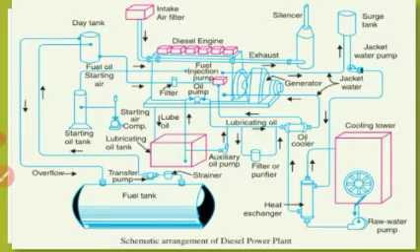Small sets are started manually by handle, but for larger units, compressed air is used for starting. Here the compressed air is used for starting purpose. Air at high pressure is admitted to a few of the cylinders, making them act as reciprocating air motors.